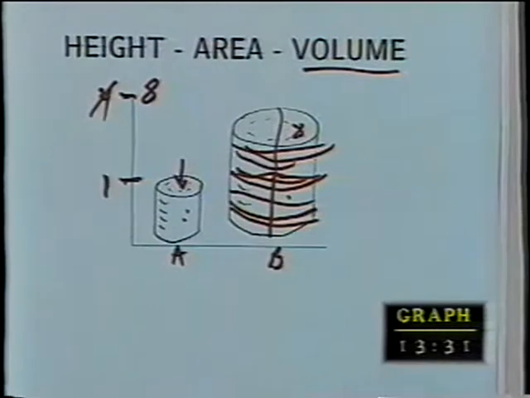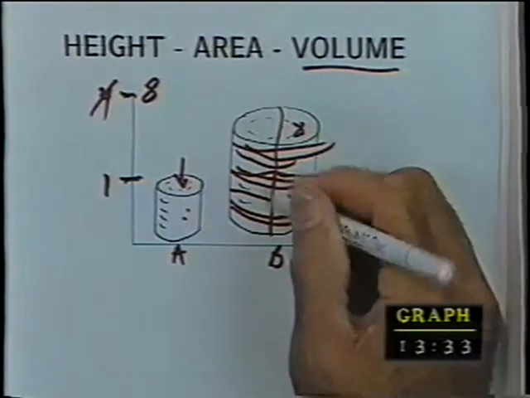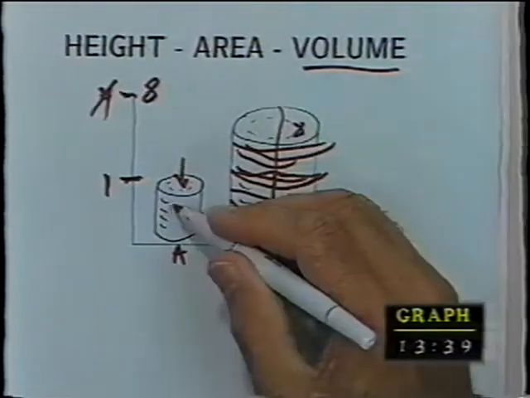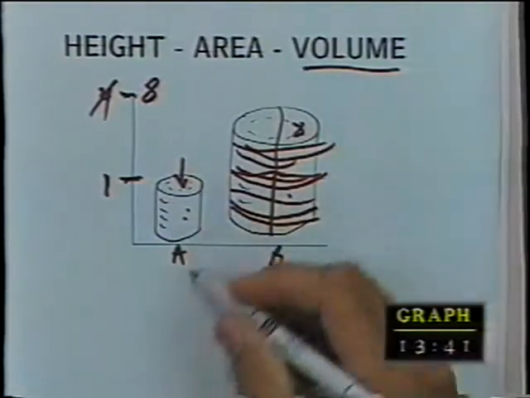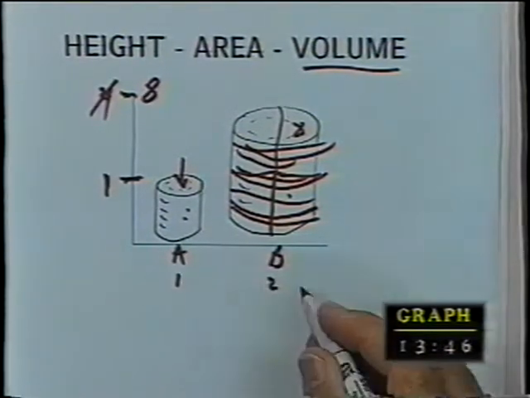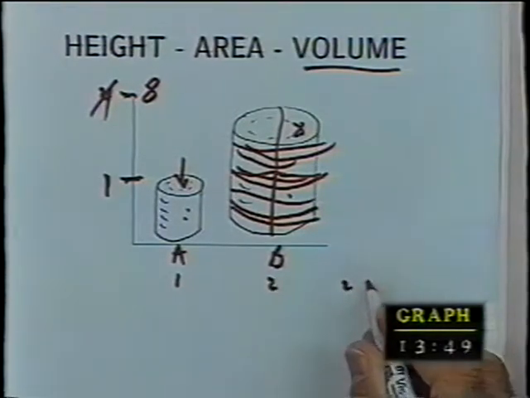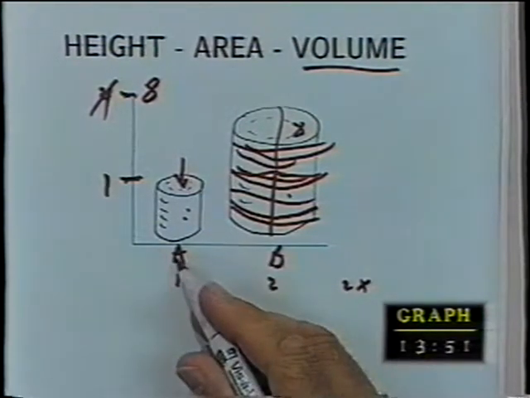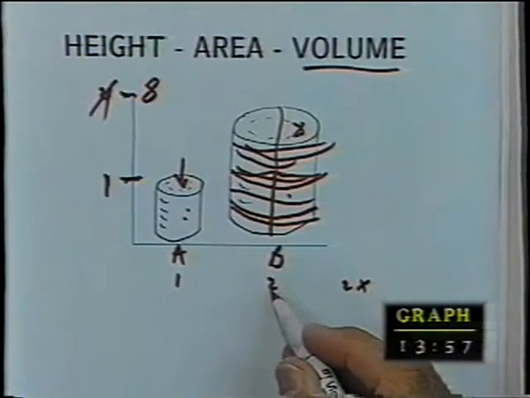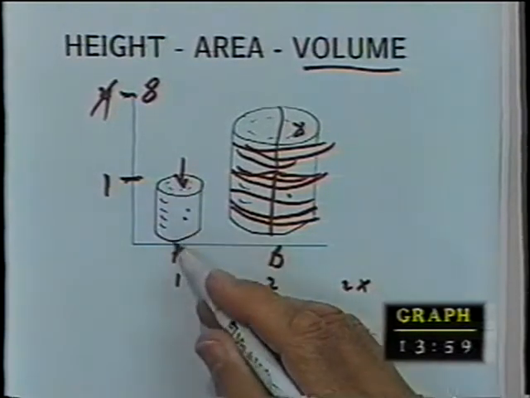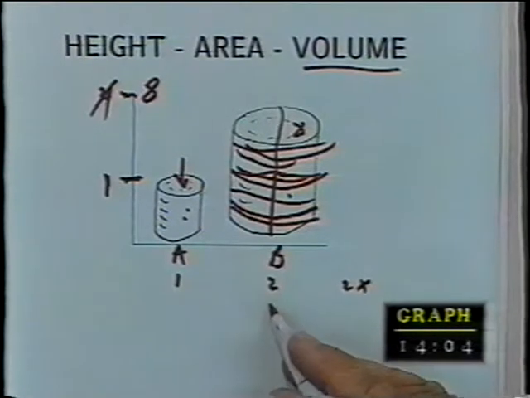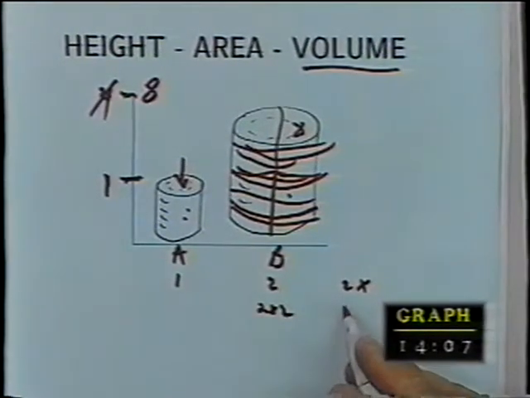In fact, we've got to be careful now. If you have heights, and you take a height which is twice as big, so A is 1 and B is 2, then this B has 2 times as much as A. If the heights are 1 and 2, and I'm talking about areas, then I have to take the area, which is height times width, and if they're both twice as big, then 2 times 2 would be 4 times as big.